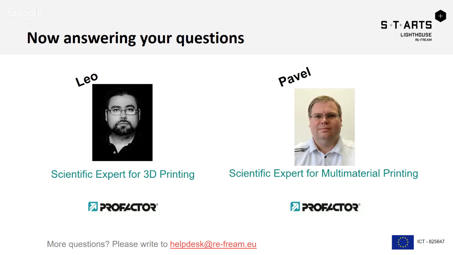Question from Tessa about printing with conductive flex filaments. I think that to clarify here is a good idea. PolyJet is a printing platform based on inkjet printing. So it's basically the same as your office printer or your inkjet printer at home.